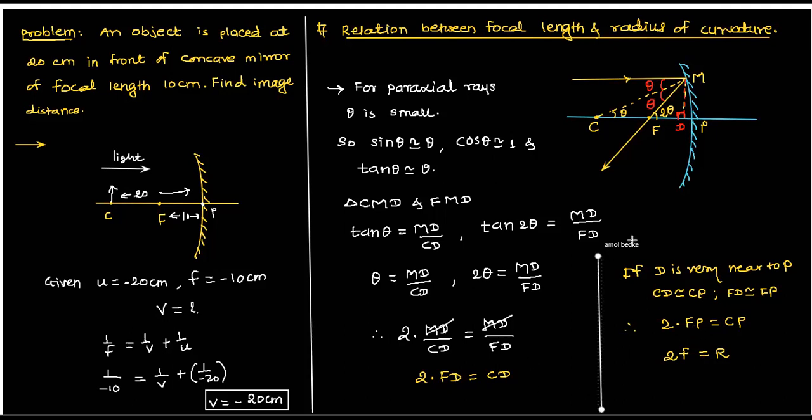After this you write it and keep it in a box: 2F is equal to R, or you can write R is equal to 2F, or F is equal to R by 2.